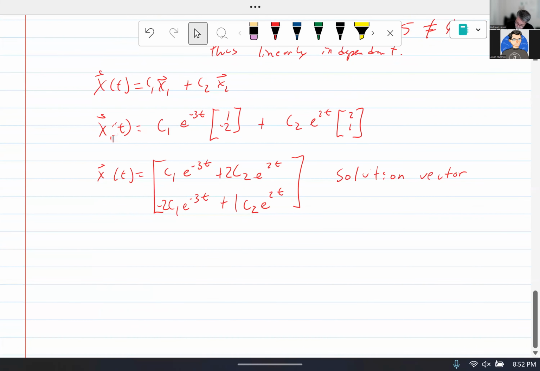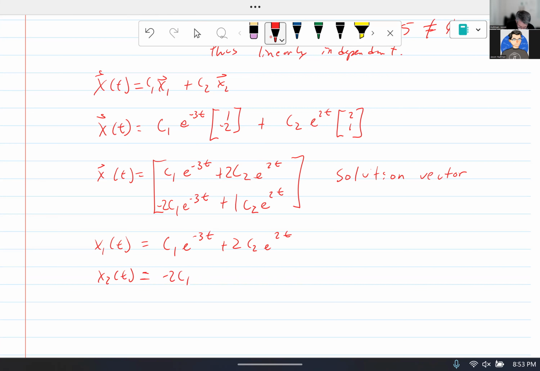So this is my solution vector in matrix form. I can take this x of t and say x1 of t is equal to c1 e to the negative 3t plus 2c2 e to the 2t, and x2 of t is equal to negative 2c1 e to the negative 3t plus c2 e to the 2t, and those are my two solutions.